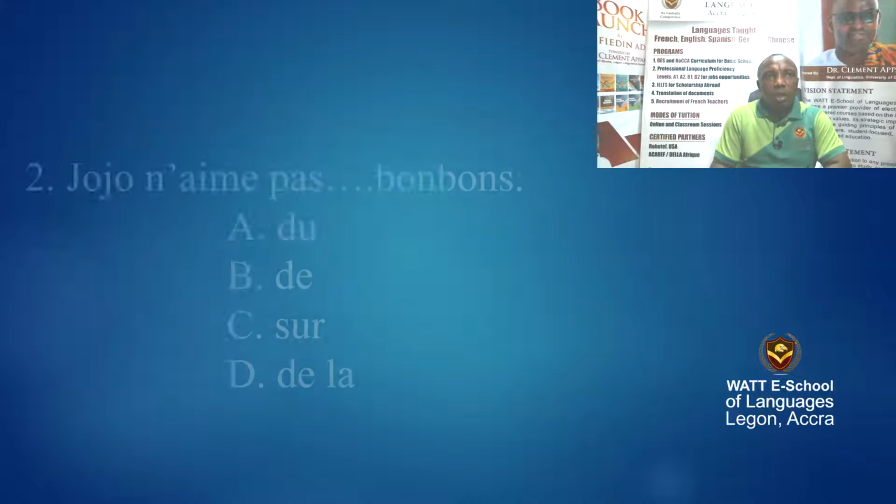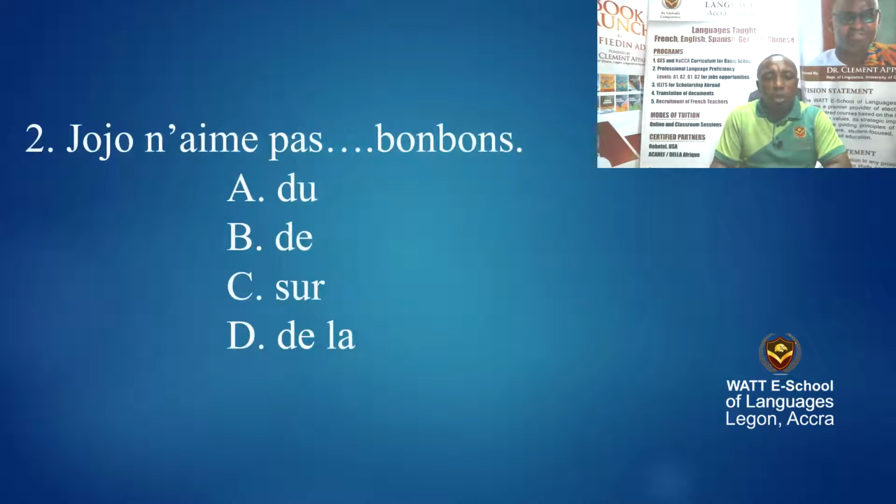Let's continue to number 2. Jojo n'aime pas bonbon. Here's another one. I've spoken about negation in my previous video. When you have a negation in a sentence, make sure that after the pas, you add de, even if the noun that follows is in plural, like bonbon, toffees.